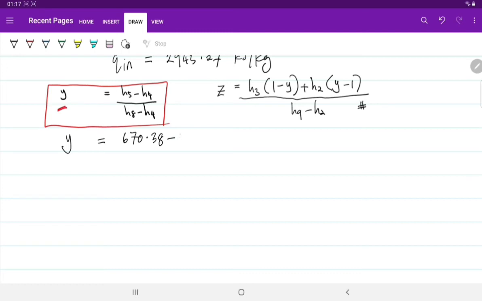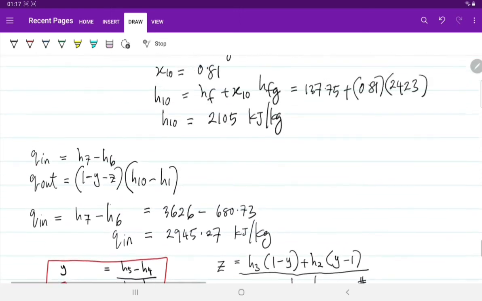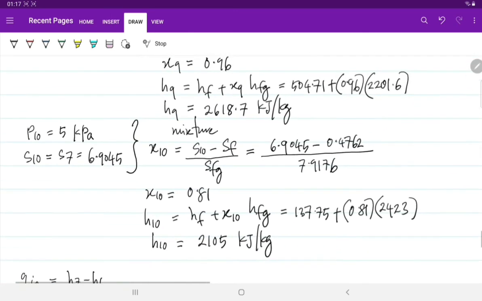H4 is 505.13, divided by H8, 2821.8. That is H8. Let's double check that again.